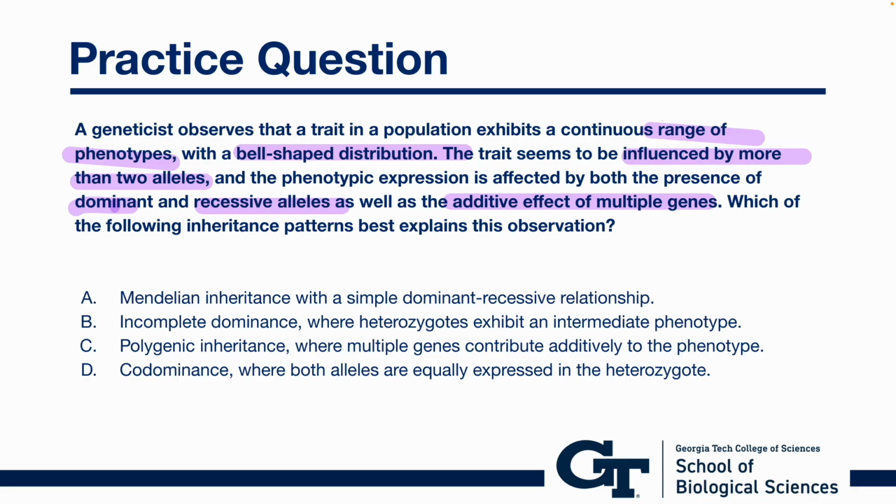There's a lot going on in this question, but you should have gotten it or had an idea as soon as it said bell-shaped distribution, right? Because when we hear bell-shaped distribution, we know, hey, something's going on here that's contributing to a range of phenotypes, aka polygenic inheritance, where multiple things are contributing to it.